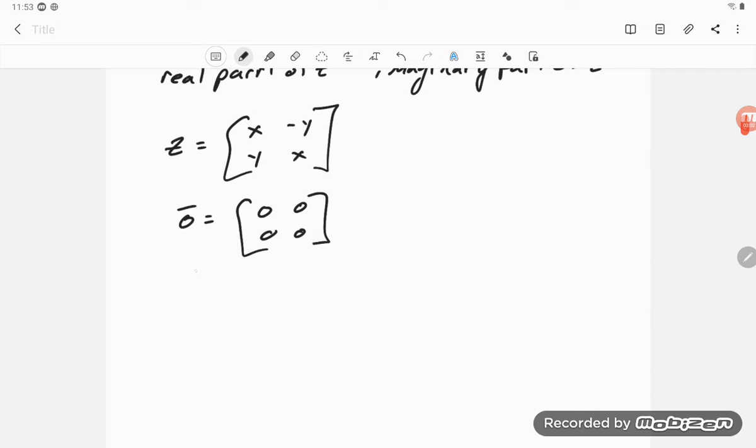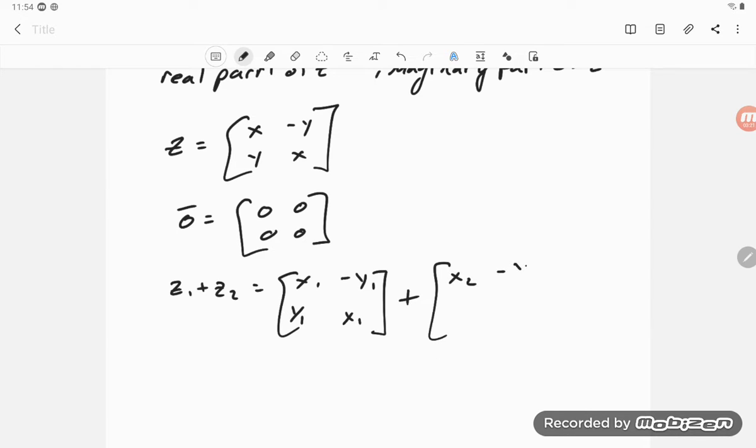Then we can check addition. If I have z1 plus z2, that is x1 minus y1, y1, x1, plus x2 minus y2, y2, x2.